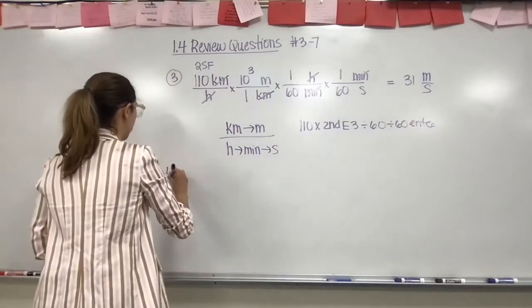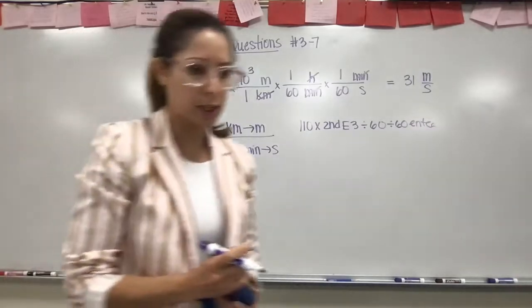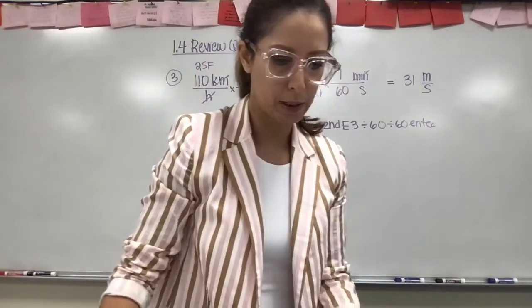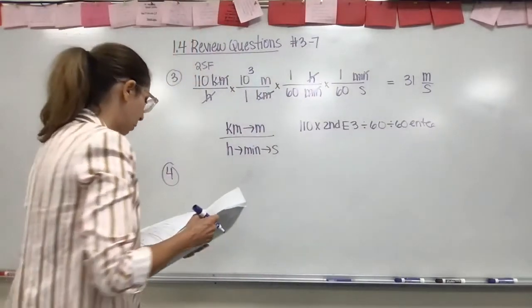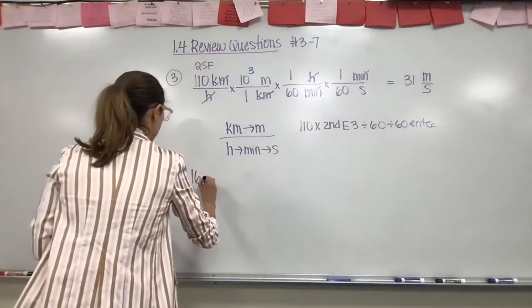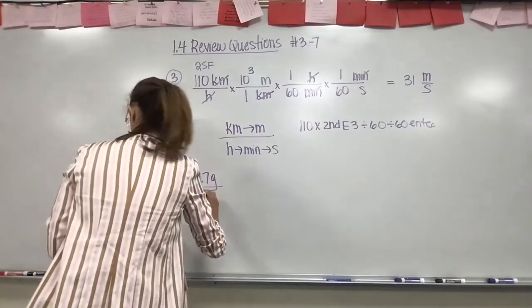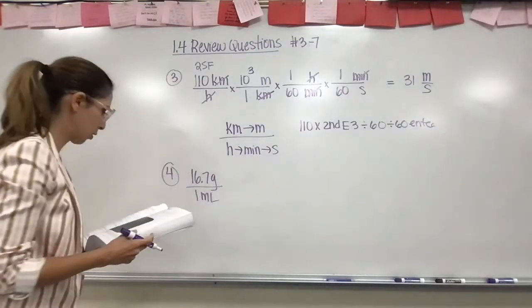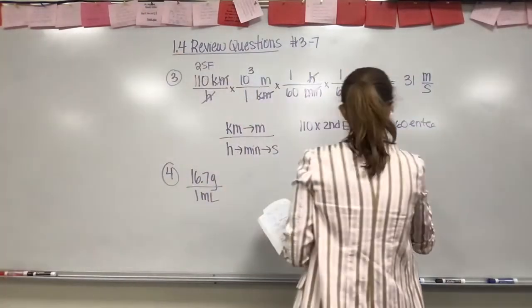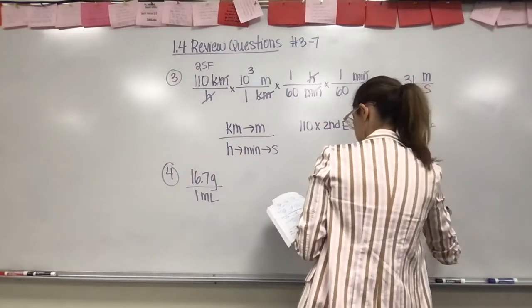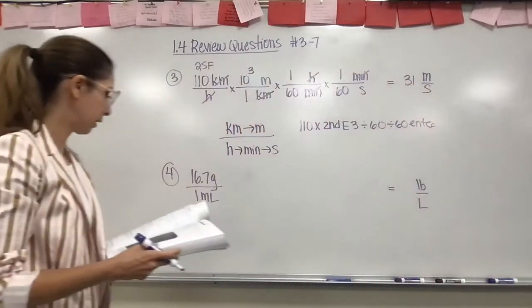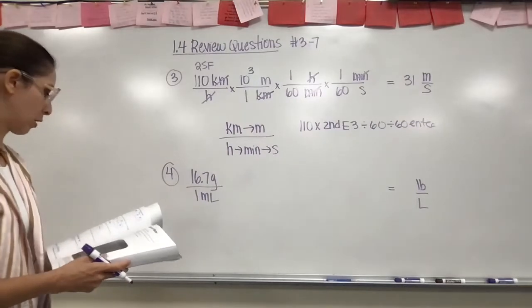For question number 4, it says the density of tantalum is 16.7 grams per mil. What is this value in units of pounds per liter? You're given that 1 kilogram is 2.21 pounds.